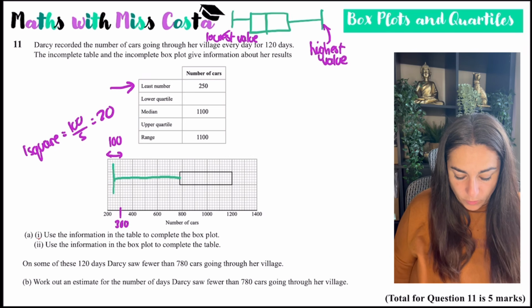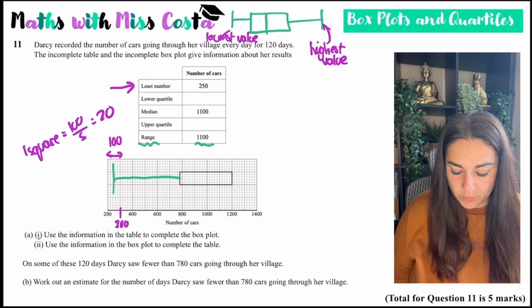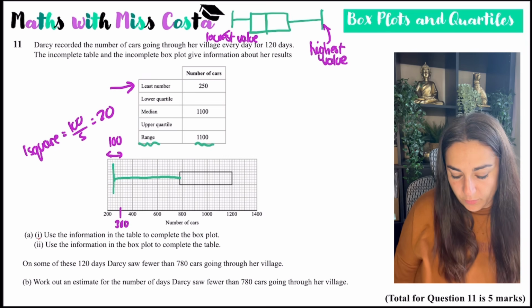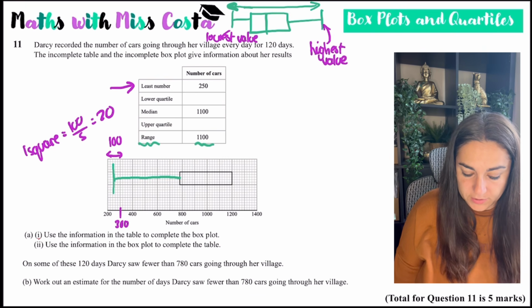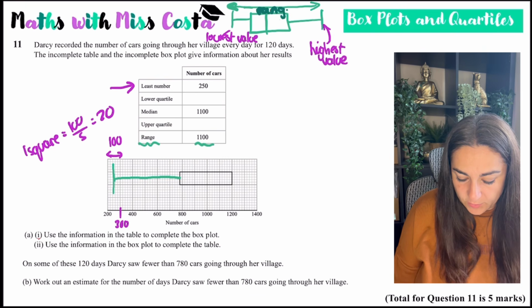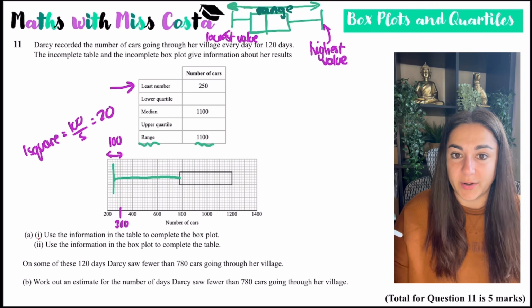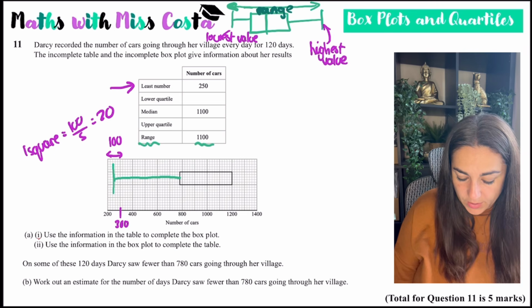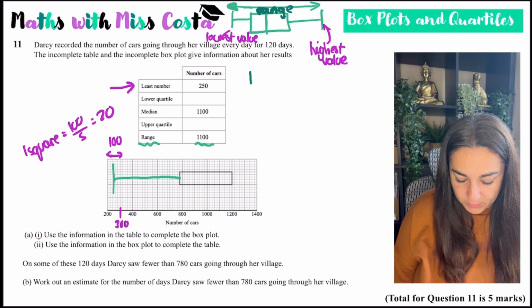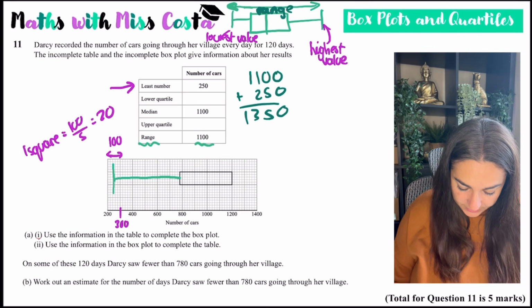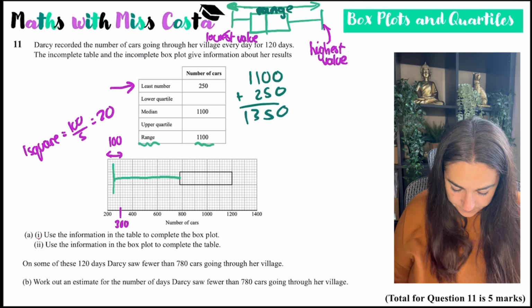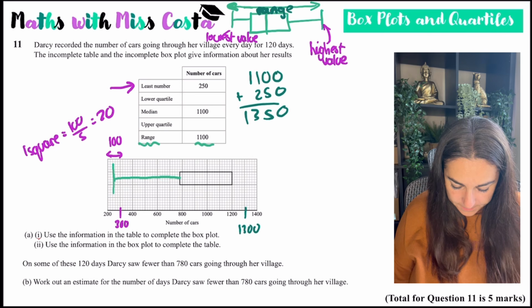And then they've told me that the range is 1,100. So the range is going to be the distance between your largest value and your smallest value. That's the full range. So I could work out what my highest value must be. I do 1,100 plus 250, which would be 1,350. So I know that 1,300 would be here.